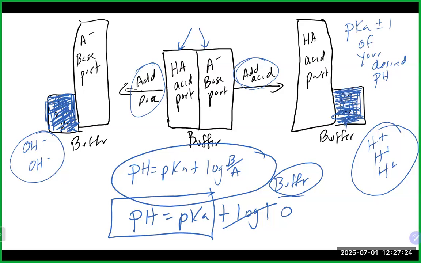So if you have to choose what to make your buffer out of, that is really your goal. The closest pKa value to your desired pH is best because it doesn't require as much manipulation of reagents, but you're looking for plus or minus 1 pKa value of your desired pH of the buffer that you're making. Any questions on that?